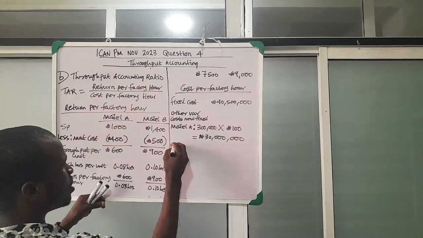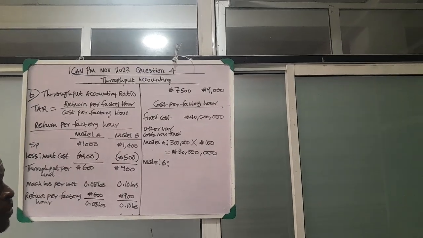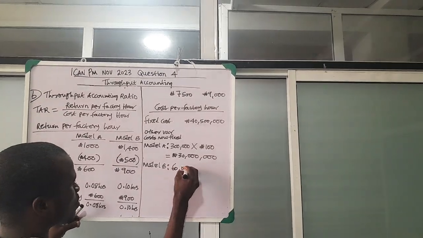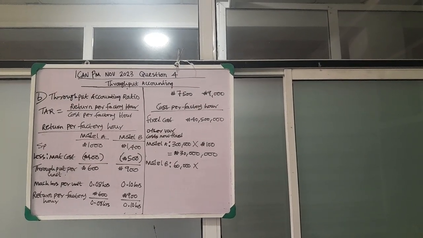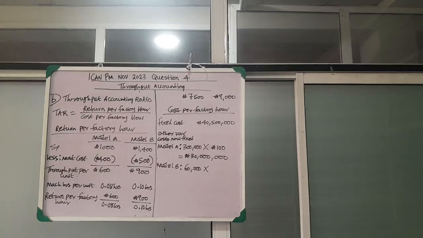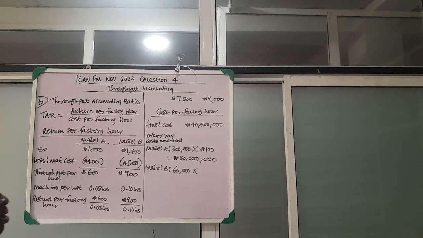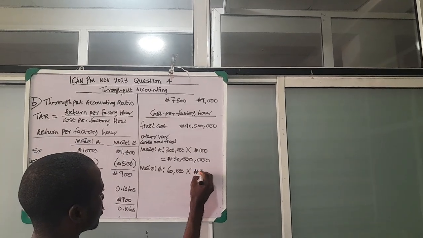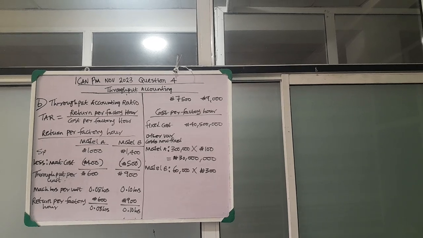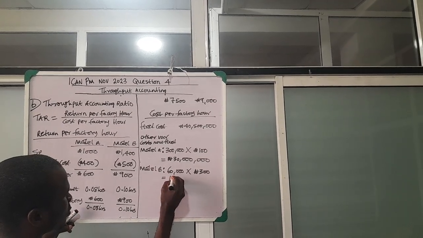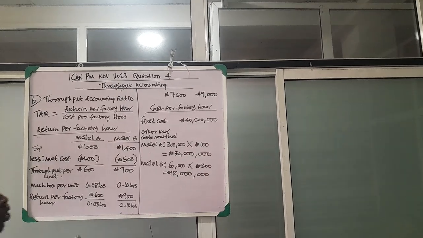I'll do the same for model B. Model B will produce 60,000 units based on the product mix we talked about. Under model B, we have for variable production cost, which is now fixed, 300. So 60,000 times 300 will give us 18 million. I will add all of those costs together.